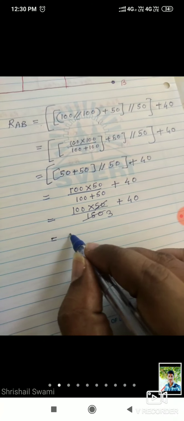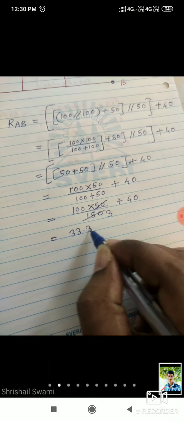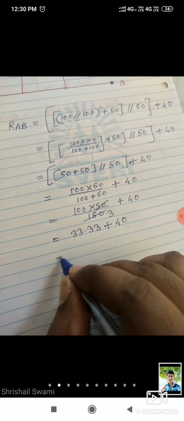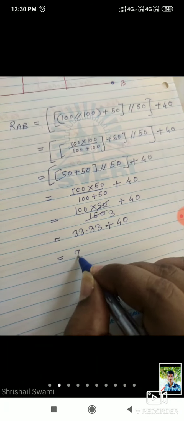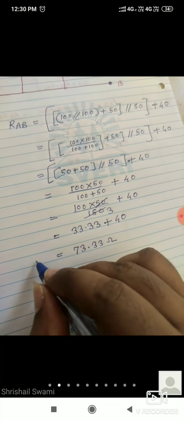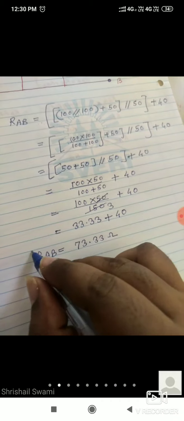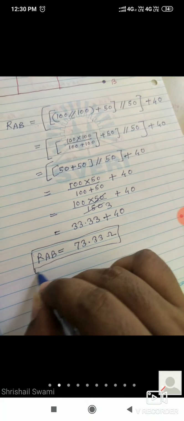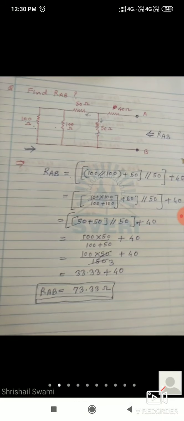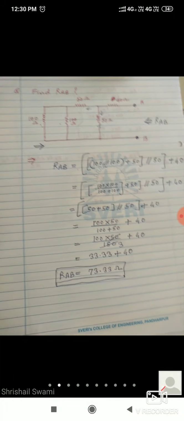So 100 divided by 3 is 33.33 plus 40. So if you are calculating, that is 73 point. Okay, that will be the answer of this question. So RAB is equal to 73.33.